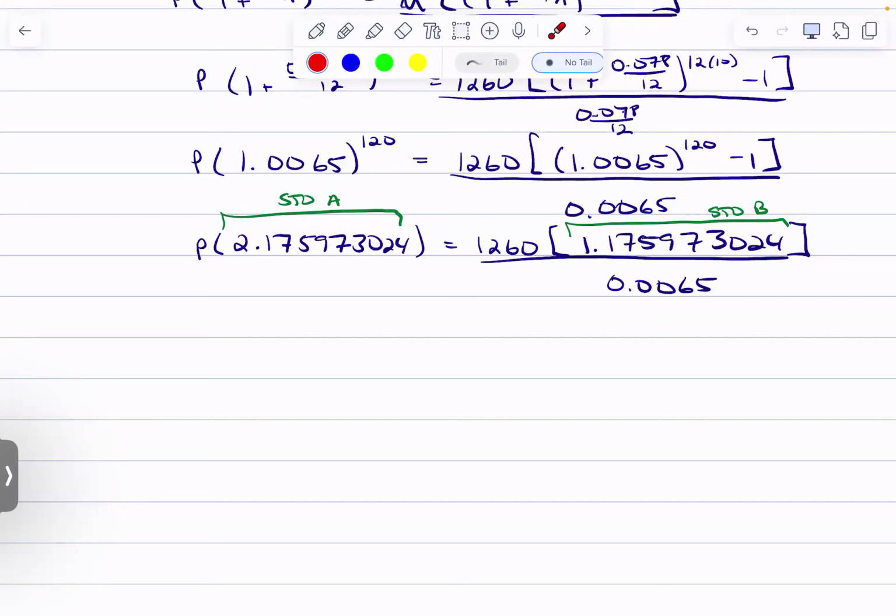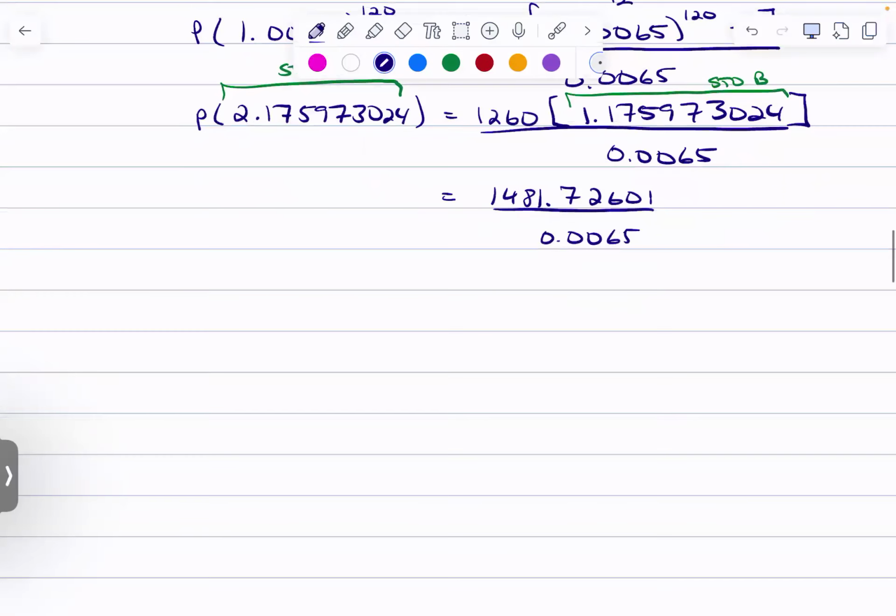So I do times 1260 and get 1481.72601, divided by 0.0065. I get 227957.8477.